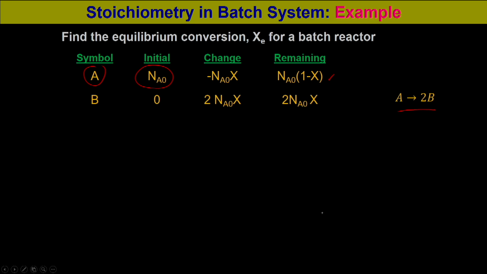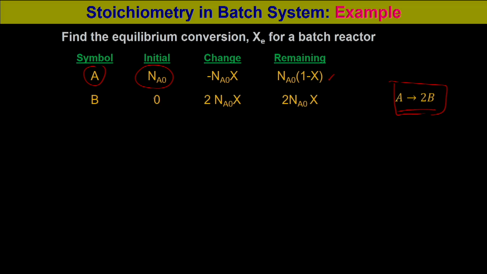Now, for component B, if we look into this reaction stoichiometry, 2 moles of B are produced. Initially B was 0. So, only A is present initially, there is no B in the system.